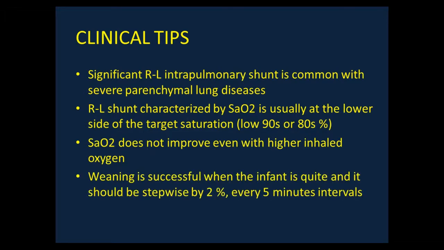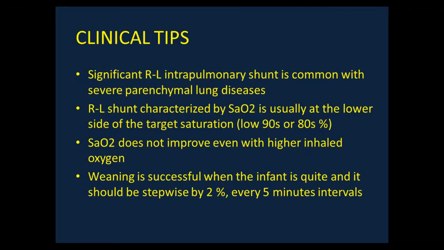Weaning is successful when the infant is quiet. Agitation or crying will significantly worsen the ventilation perfusion mismatch and worsen the right to left shunt. And it should be stepwise, by 2% every 5 minutes.